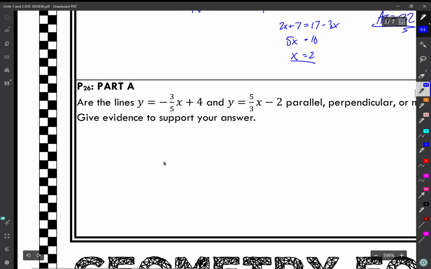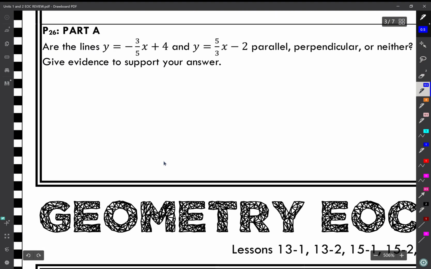Okay, number 26. Are the lines y equals negative 3/5 x plus 4 and y equals 5/3 x minus 2 parallel, perpendicular, or neither? They are perpendicular. And it says give evidence to support your answer.